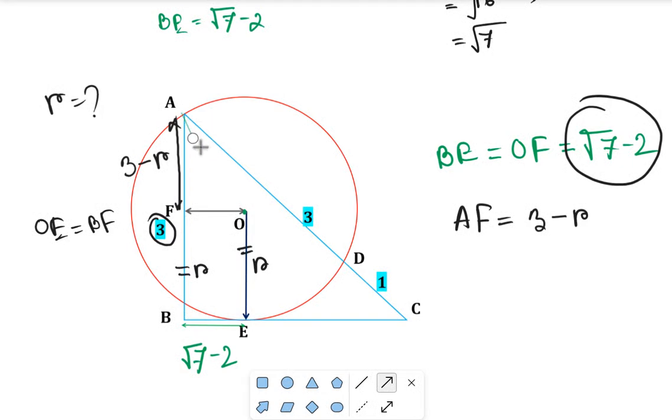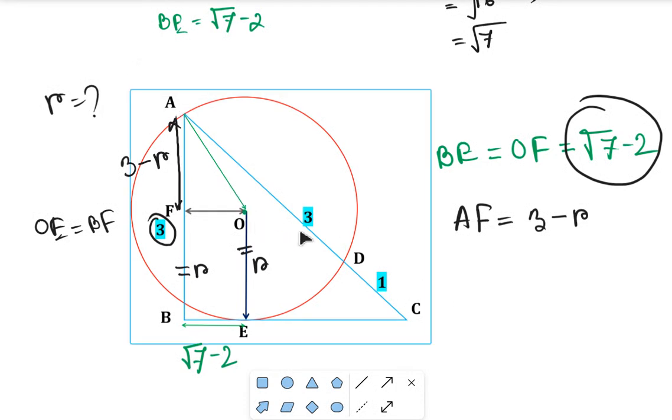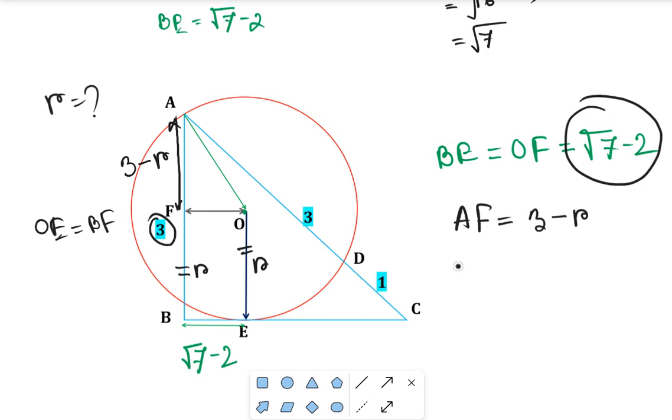Now it's time to add this length from A to O. So there is a triangle AFO, and of course at F point this is 90 degrees, and we have got the value FO as well as AF, and AO is the radius of the circle, right?